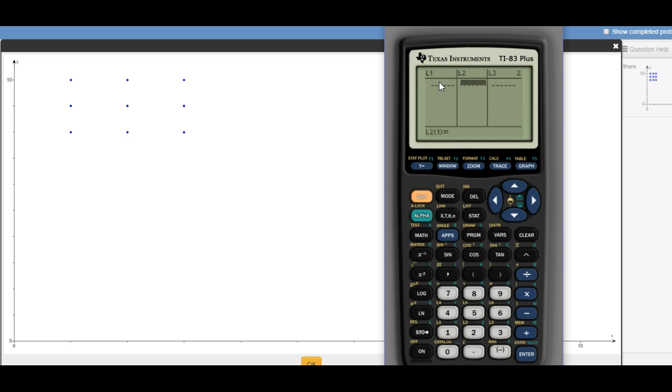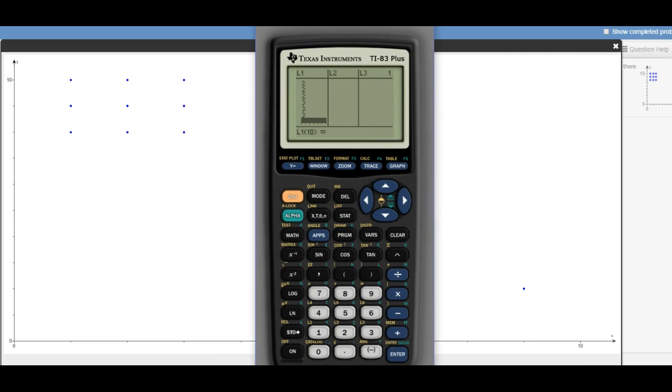So my x coordinates, if you notice the dashes, these all have an x coordinate of 1. So 1, 1, and 1. These all have an x coordinate of 2. These all have an x coordinate of 3. So 2, 2, 2, 3, 3, 3. And then this last one, the 10th point, is at 9 for the x coordinate.